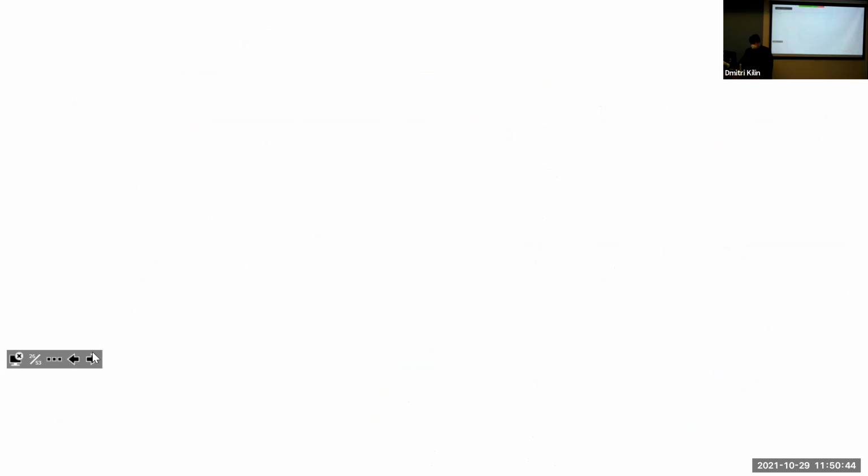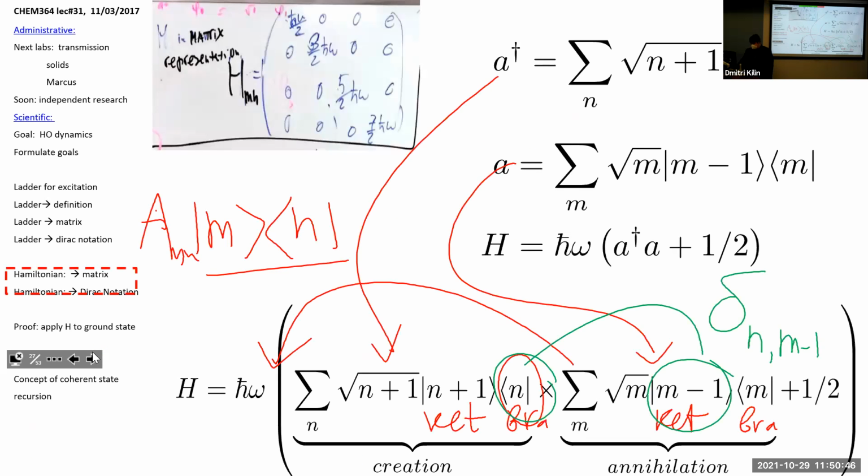I think we already did this procedure. And if we take into account the factor h bar omega and add 1/2 to each of the numbers, so if one has a number in the expression for matrices, it means this number is multiplied by the identity matrix, which means to each of the diagonal elements of the second matrix, you should add the same number.